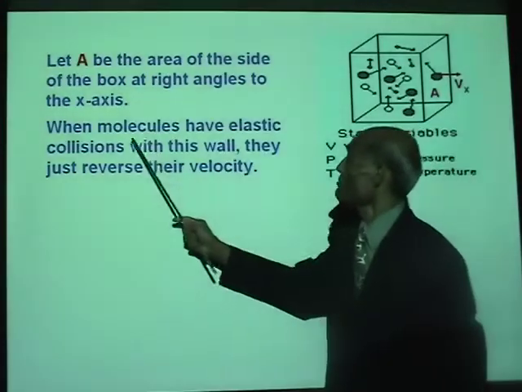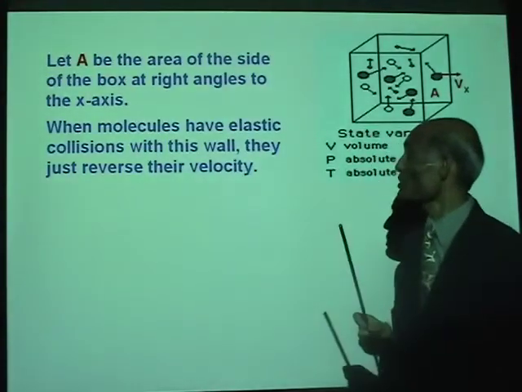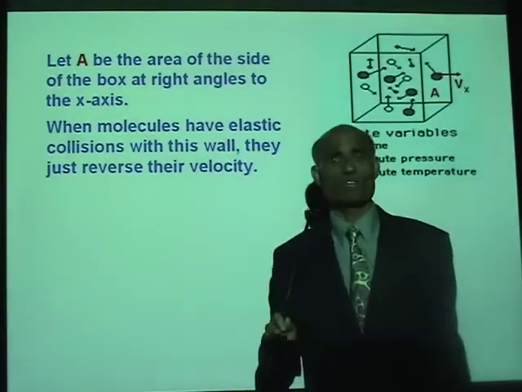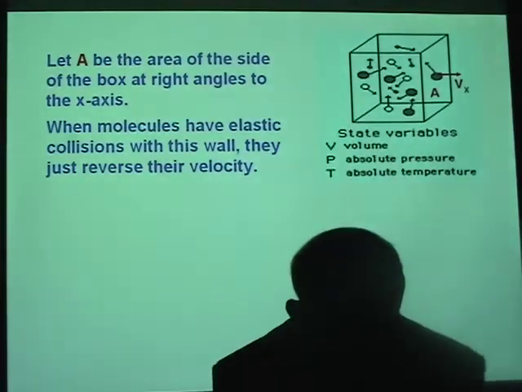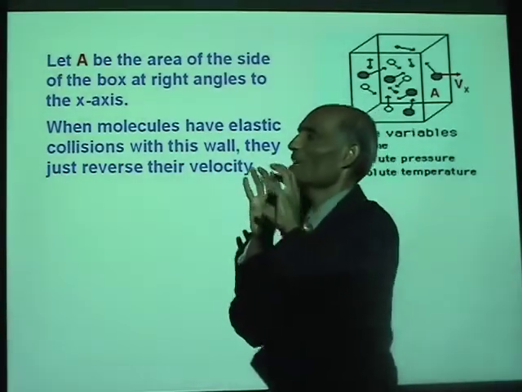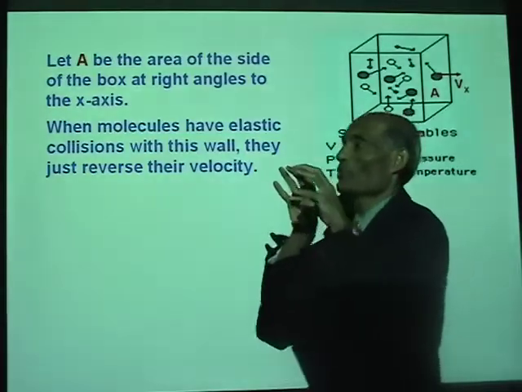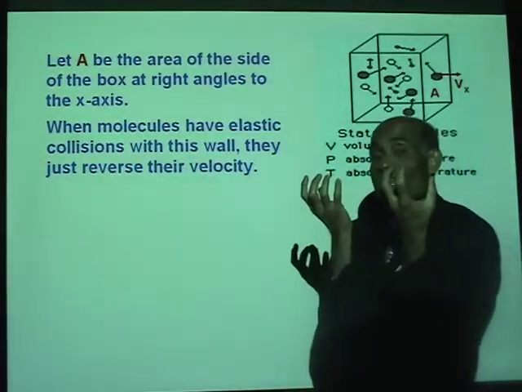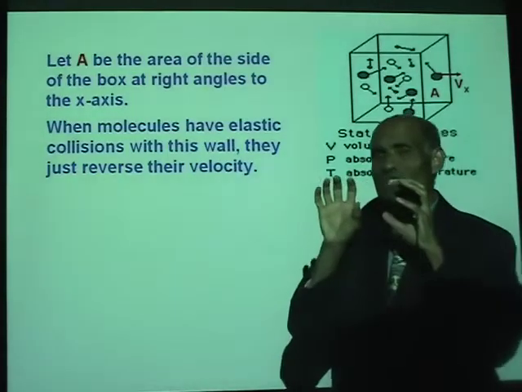When molecules have an elastic collision with this wall, they just reverse their velocity. Have you ever tried throwing a basketball onto a wall exactly at right angles? What happens? That ball will be reflected back exactly the same way, almost with the same velocity.